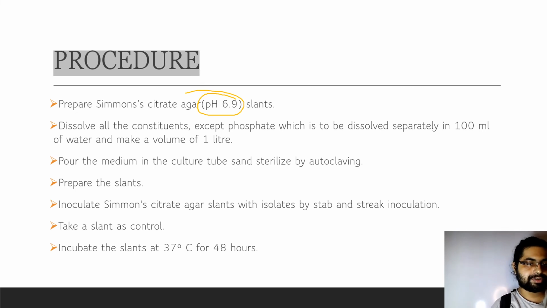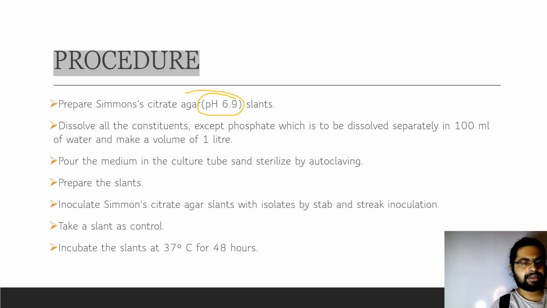Prepare the slants. Inoculate Simon citrate agar slants with isolates by stab and streak inoculation. Take a slant as control. Incubate the slants at 37 degrees centigrade for 48 hours.